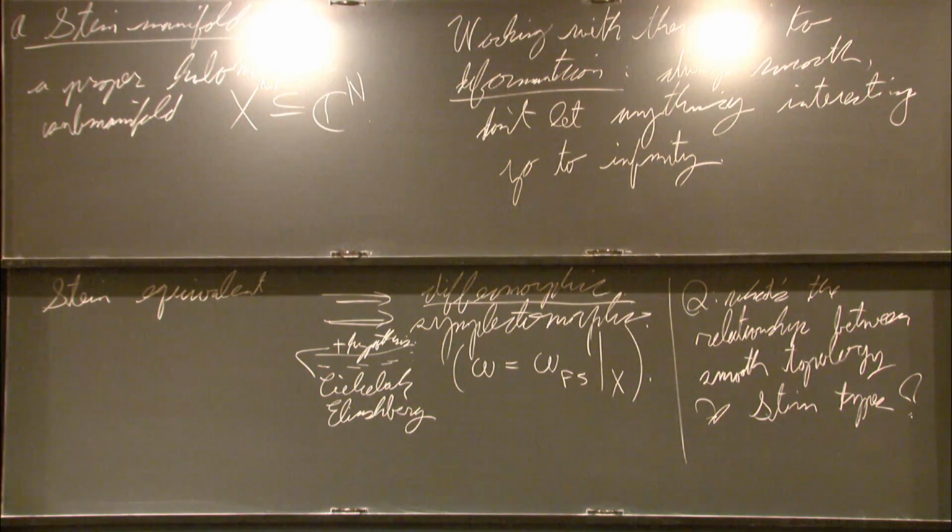So for n equal 2, there's a surprising fact, which is due to, this is maybe a little bit of a folk result, but let's say Eliashberg-Gromov, which is that the manifold S2 cross R2 is not Stein.